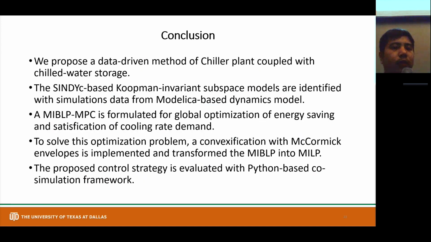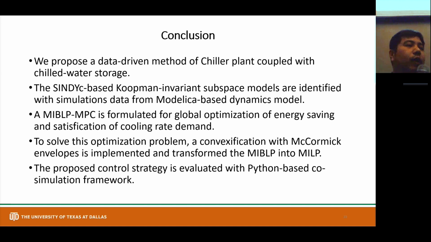And in conclusion, we propose a data-driven modeling method of a chiller plant coupled with water storage, and the Koopman-based evolution models are identified with simulation data from the Modelica-based dynamic models. Mixed integer bilinear programming and MPC are formulated for global optimization of the energy saving and satisfaction of the cooling load demands.